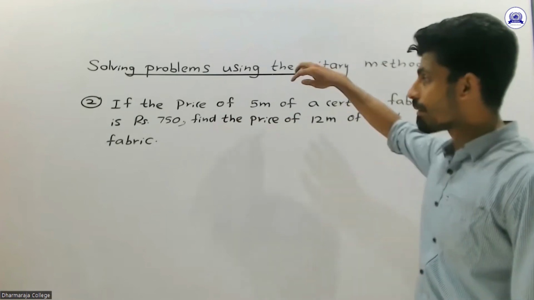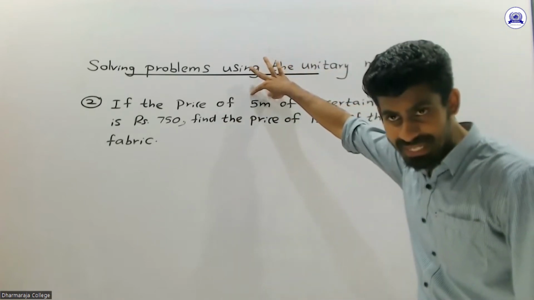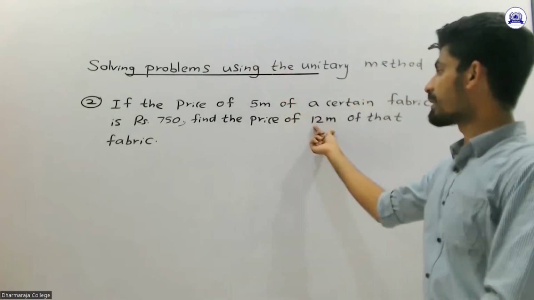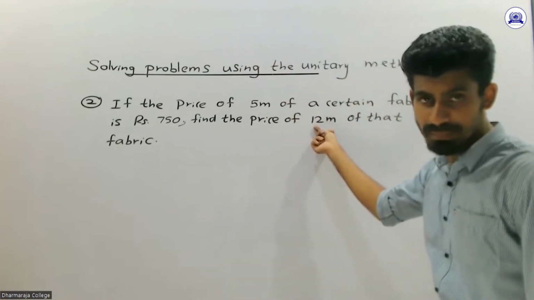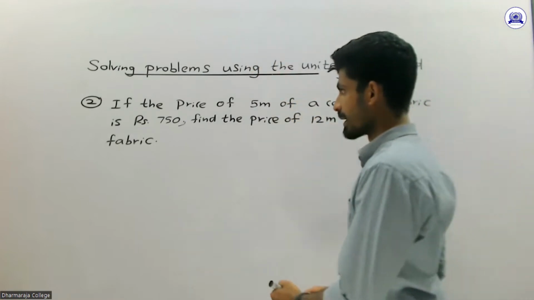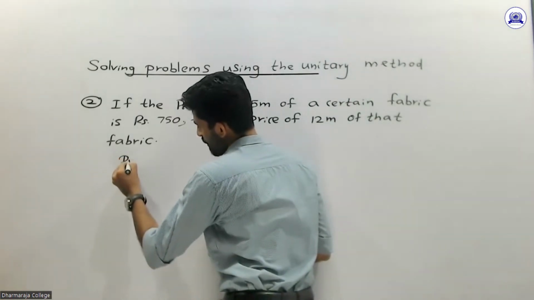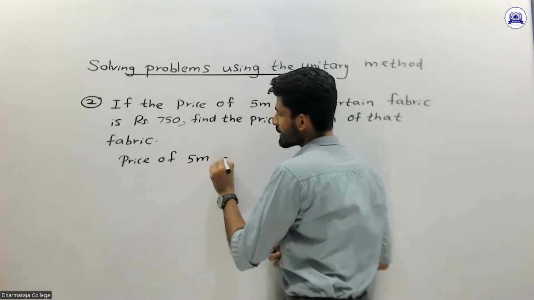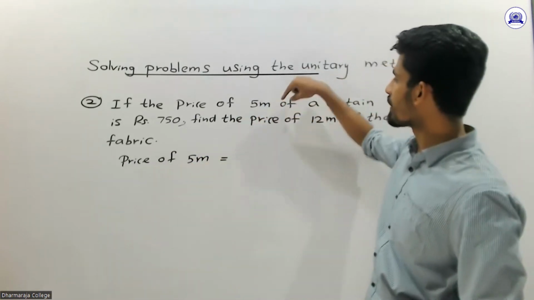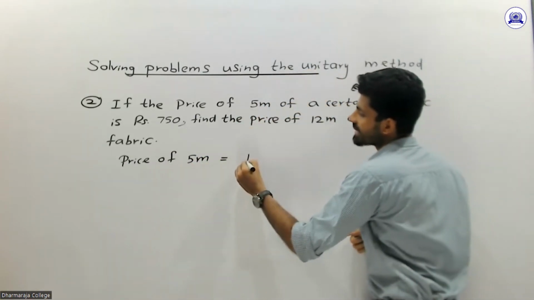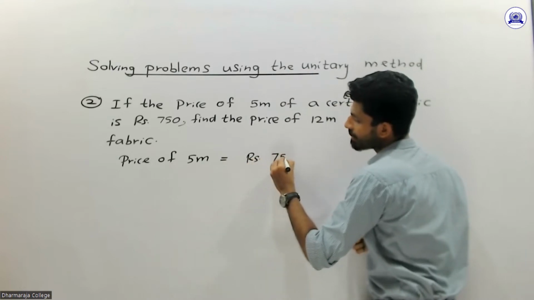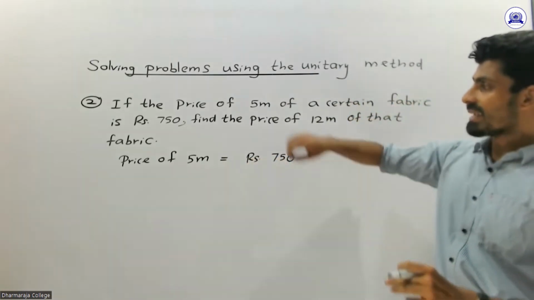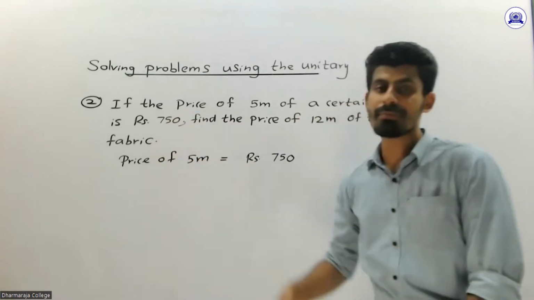That means they have already given the price for 5 meters. You need to find out the price for 12 meters. Just consider that one, right? Price of 5 meters equals 750 rupees.